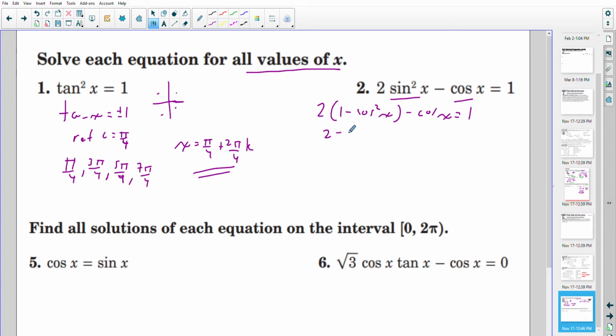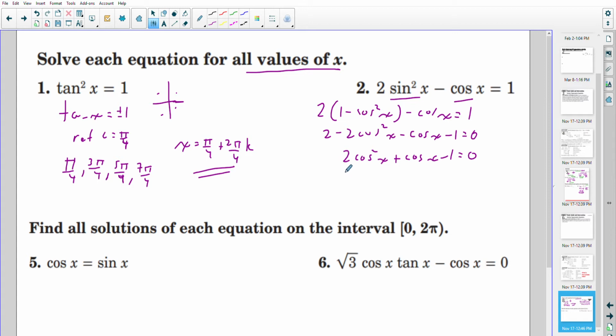So 2 minus 2 cosine squared x minus cosine x minus 1 equals 0. Multiplying through by a negative and combining those terms, it's going to be 2 cosine squared x plus cosine x minus 1, when you multiply by negative 1.